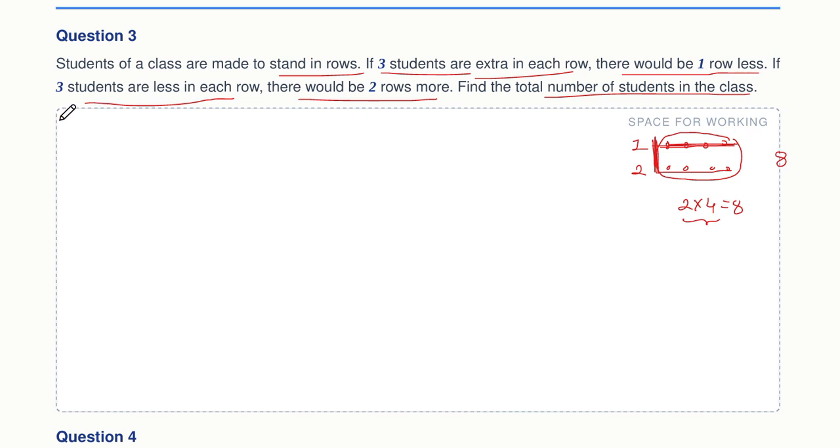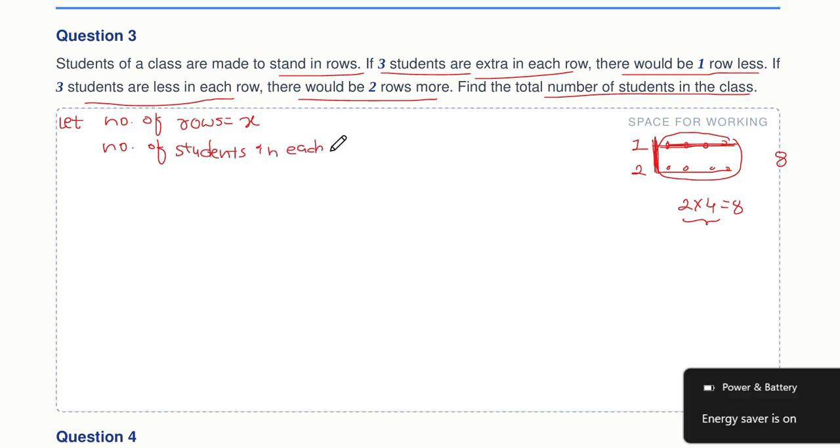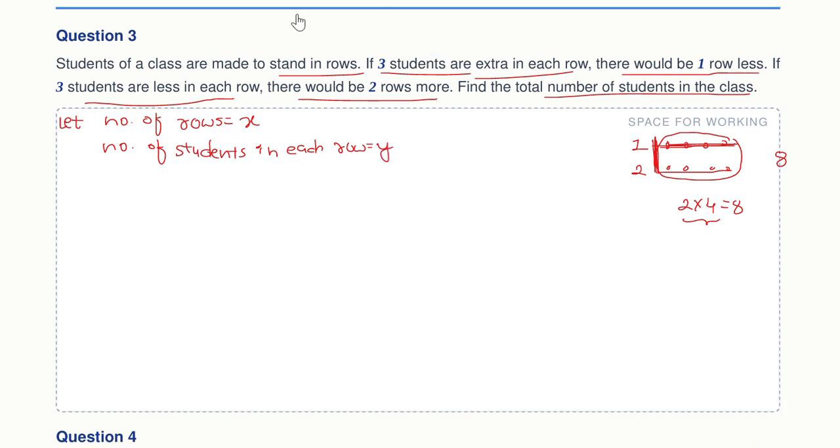So here also we'll consider, let number of rows be x, and the second thing, let number of students in each row be y. So if you multiply x and y both, we'll get total number of students.